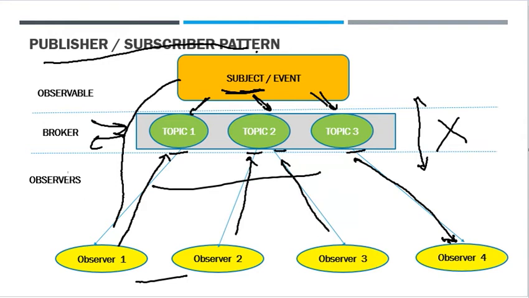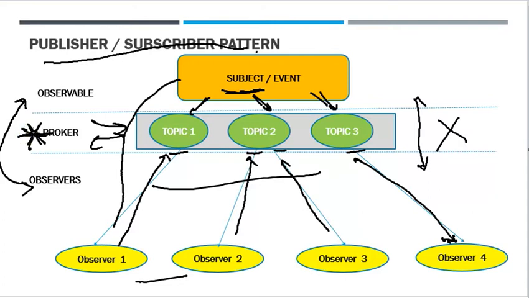So that's how the publisher subscriber method and the observer method are different. This is a very important thing, because many people confuse the observer method with the publisher subscriber method. They should understand that in the observer method there is no broker. The observers are registered directly at the observable or the subject, and the subject knows its observers. There is loose coupling, and they can be registered and unregistered, but the subject knows what its observers are. In the case of the publisher subscriber method, there is a broker in between.